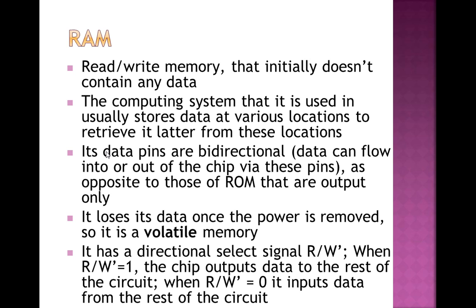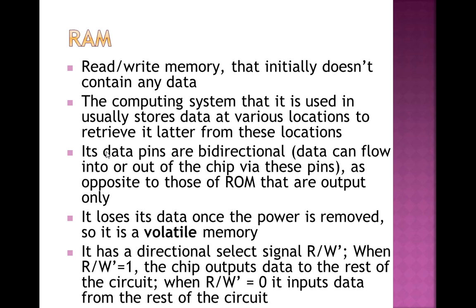Next point says its data pins are bidirectional, that is, data can flow into or out of the chip via these lines, as opposed to those of the ROM that are output only. Then the next point says it loses its data once the power is removed. That is, RAM is volatile in nature. It loses the content when the power is turned off.